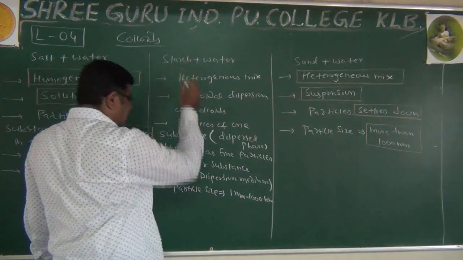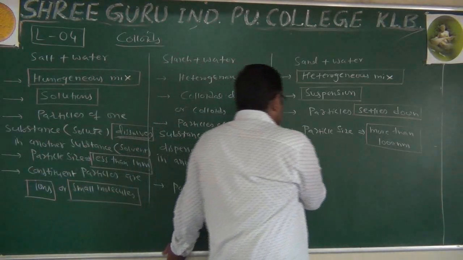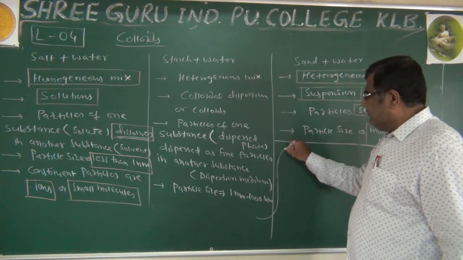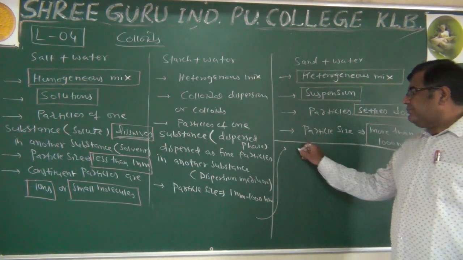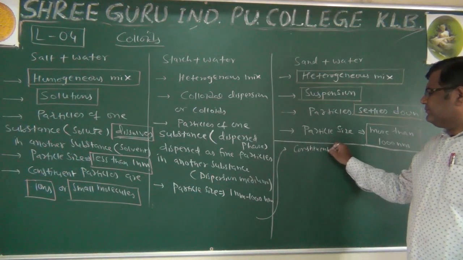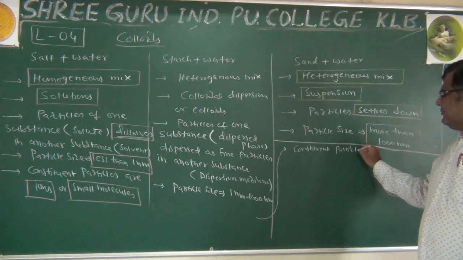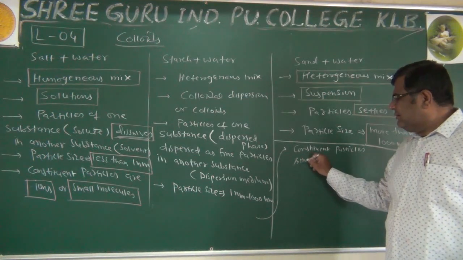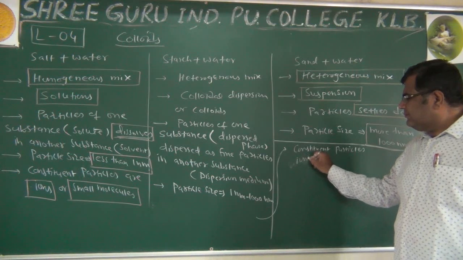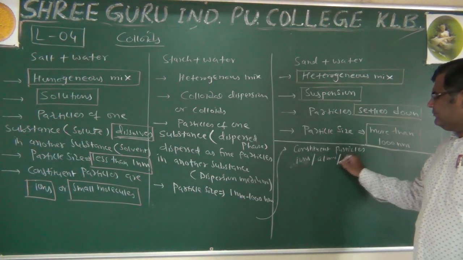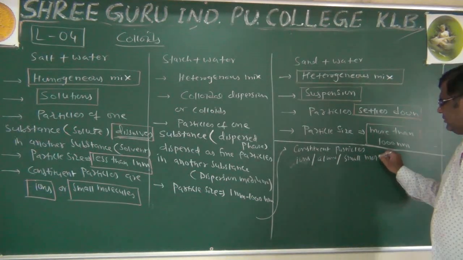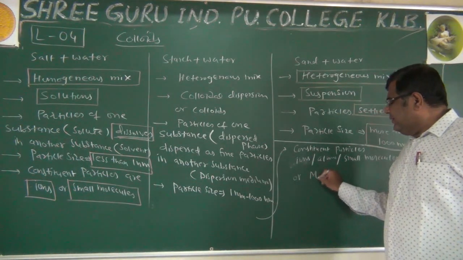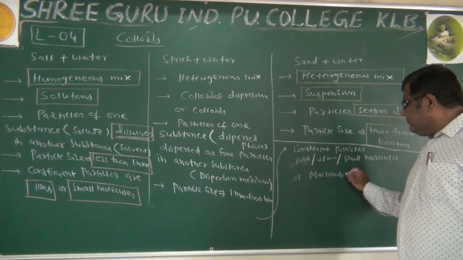And we can say that the constituent particles of the colloids are either ions or atoms or small molecules, or it can be macromolecule.